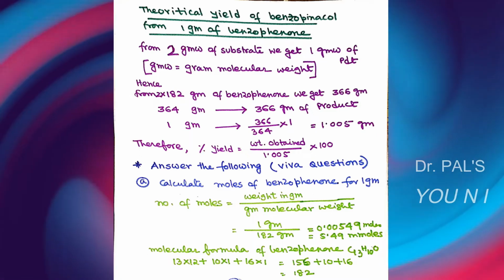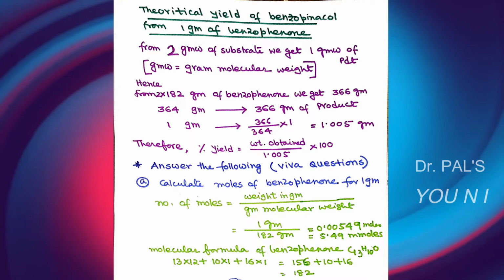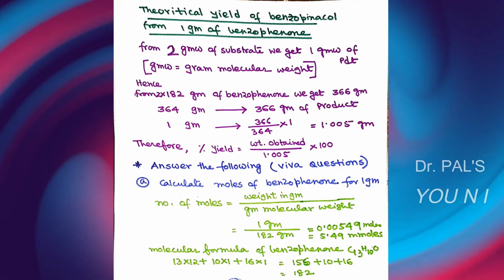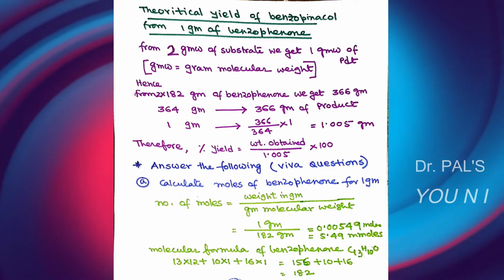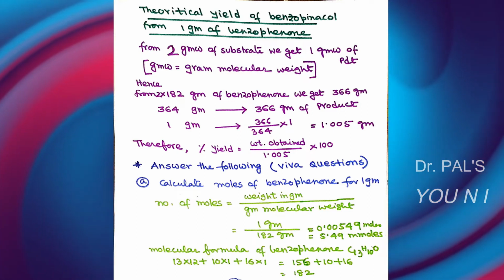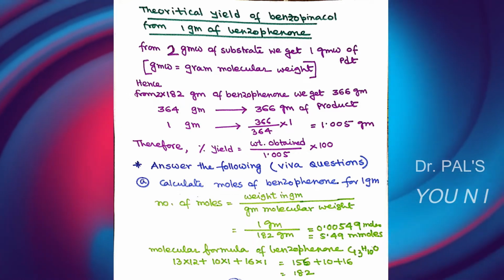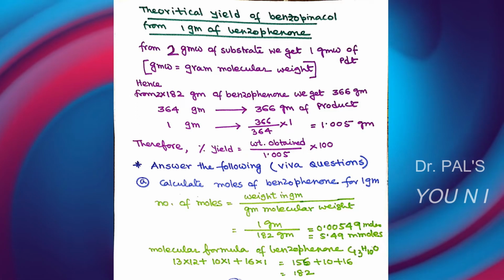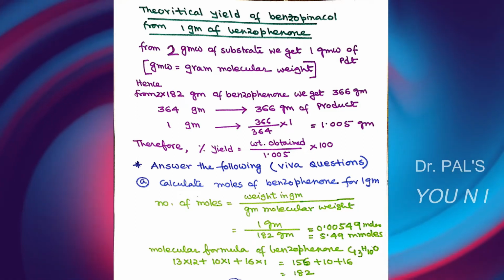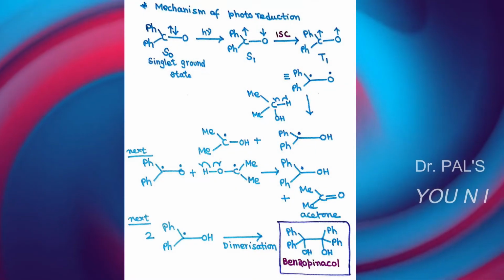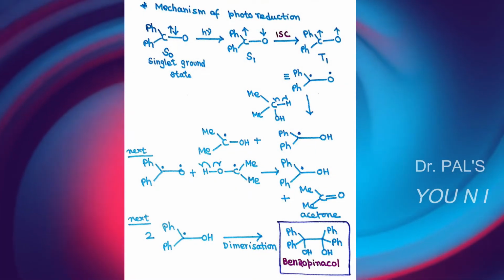The number of moles is 1 gram divided by 182 grams, so it is 0.00549 moles. If we want to convert it into millimoles, we multiply this by 1000. So 0.00549 moles is equal to 5.49 millimoles.